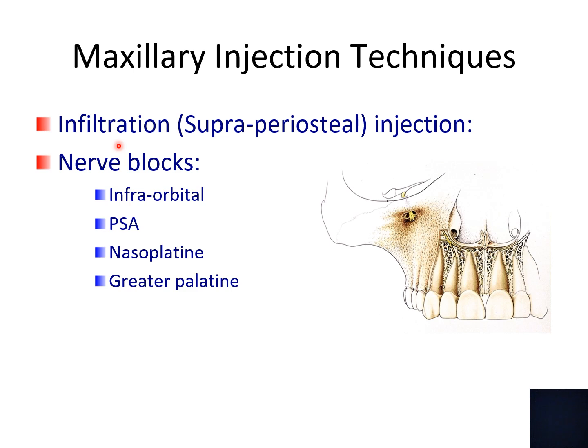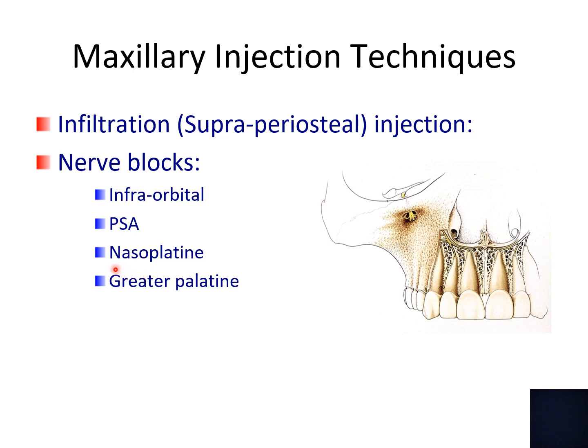And if you were to perform tooth extractions, you would also require palatal infiltrations, which we'll discuss in detail in a moment. On the whole, you would only need to master infiltration anesthesia for routine dental care. Nerve blocks can be used in the maxilla under specific circumstances, and these include the infraorbital nerve block and the posterior superior alveolar nerve block, which are administered from a buccal approach.